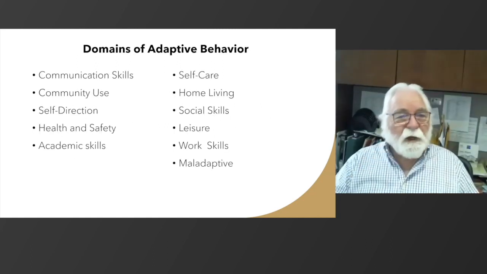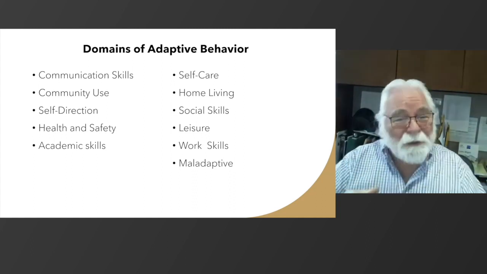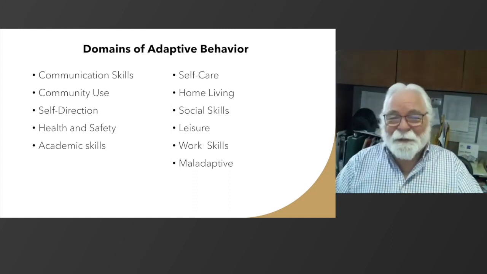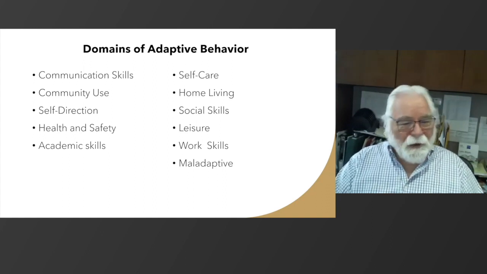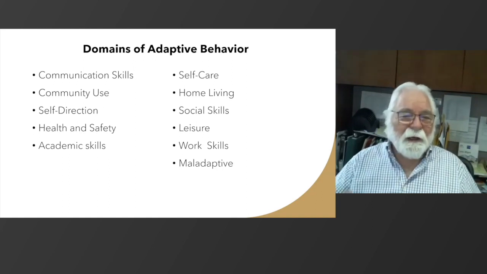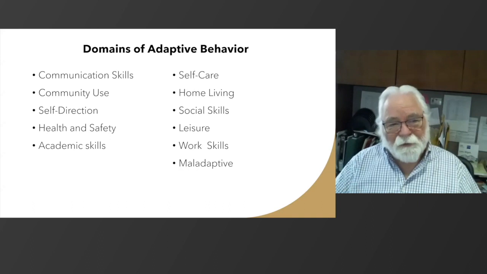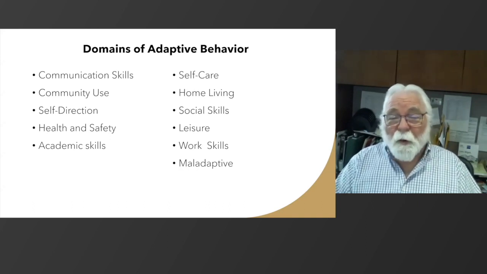Yep. So the maladaptive domain is, thank goodness, one of the shortest domains, and it has questions about behavior. Does the youngster have temper tantrums? It's more behavioral stuff. To be perfectly honest, I often don't report it.